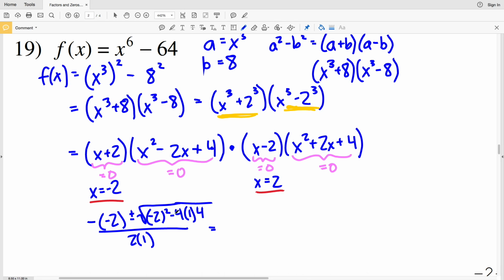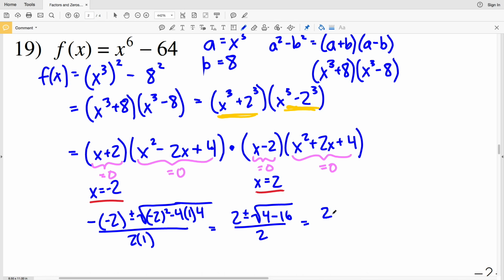So that's the opposite of negative 2, which is a positive 2, plus or minus the square root of negative 2 squared, which is 4. Remember, if this was a positive 2 squared, that would be a positive 4, which we get regardless of whether b is negative or positive. Then we subtract 4 times 4, which is 16, all over 2.